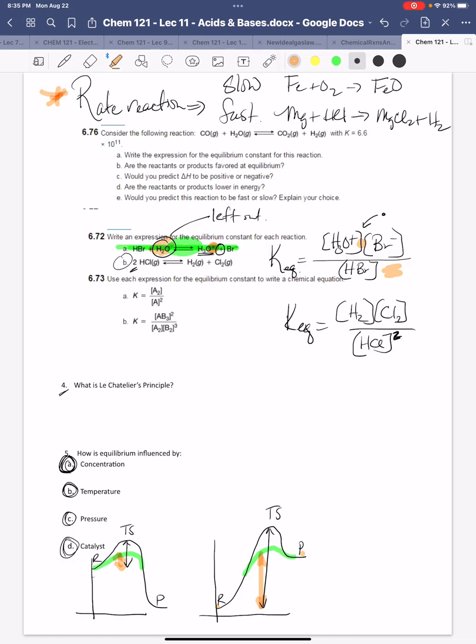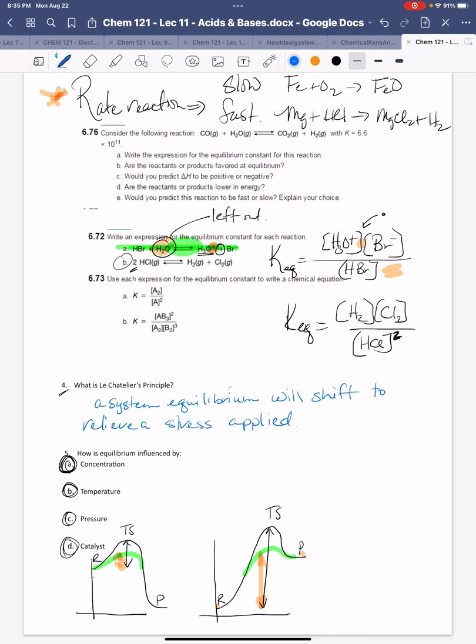And basically, Le Chatelier's principle says that a system at equilibrium will shift to relieve a stress applied.